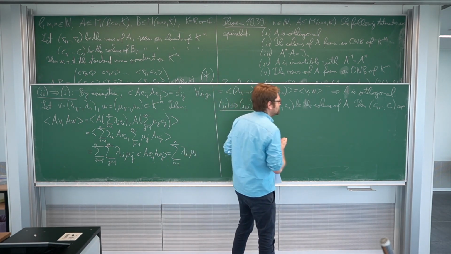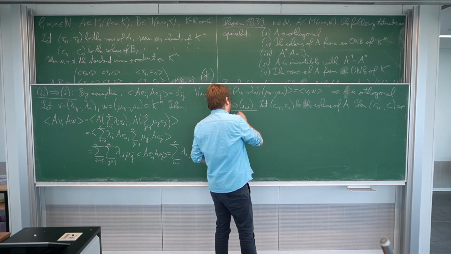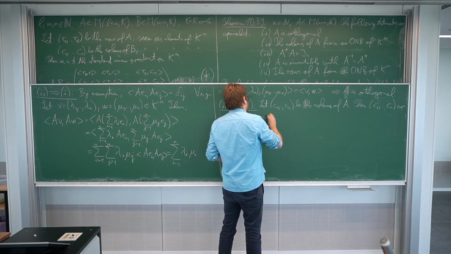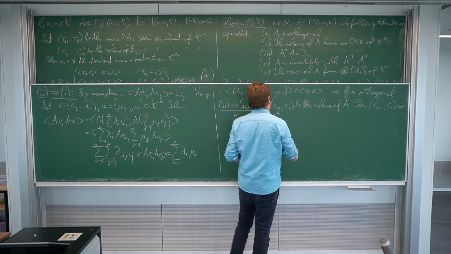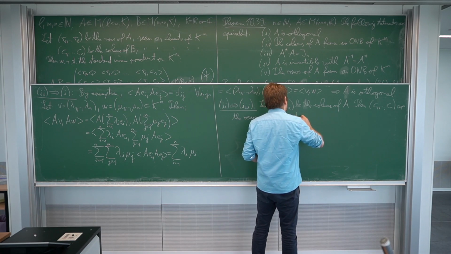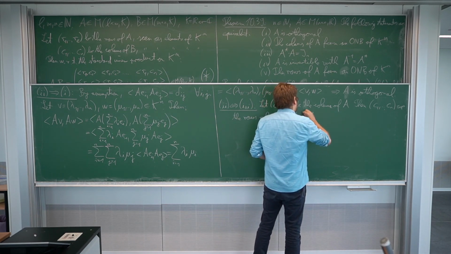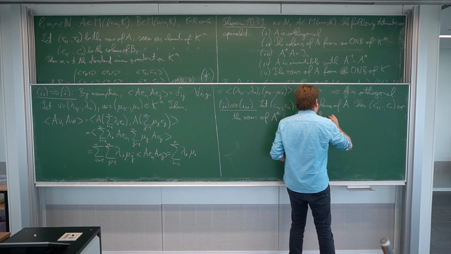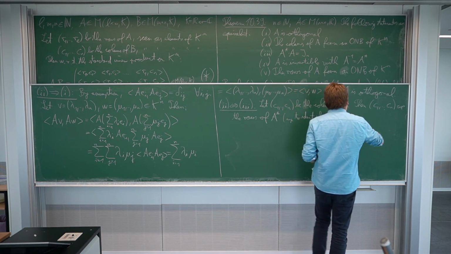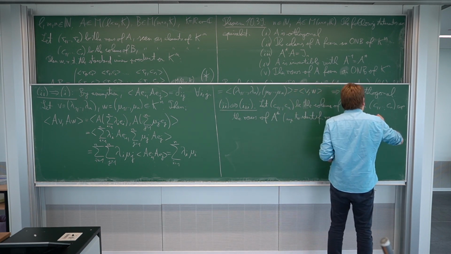So C1 to Cn are the rows of AT. So yeah, up to identifying row and column vectors. As you know, I'm quite sloppy with that.